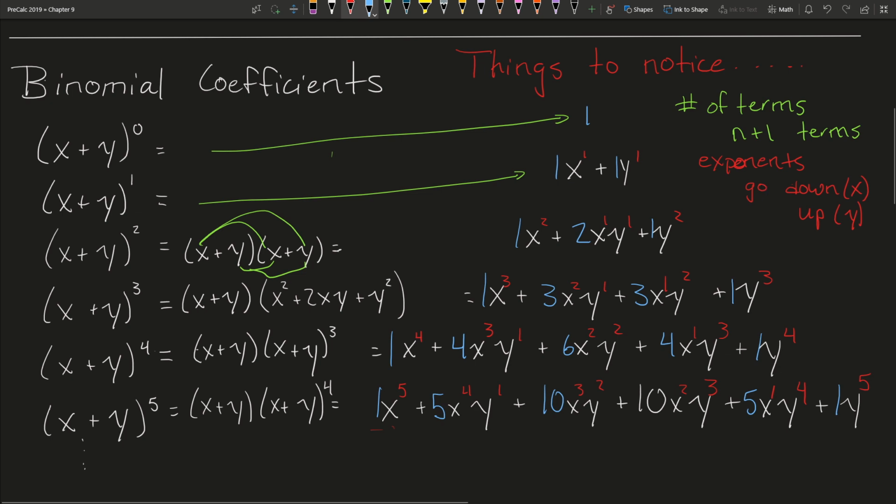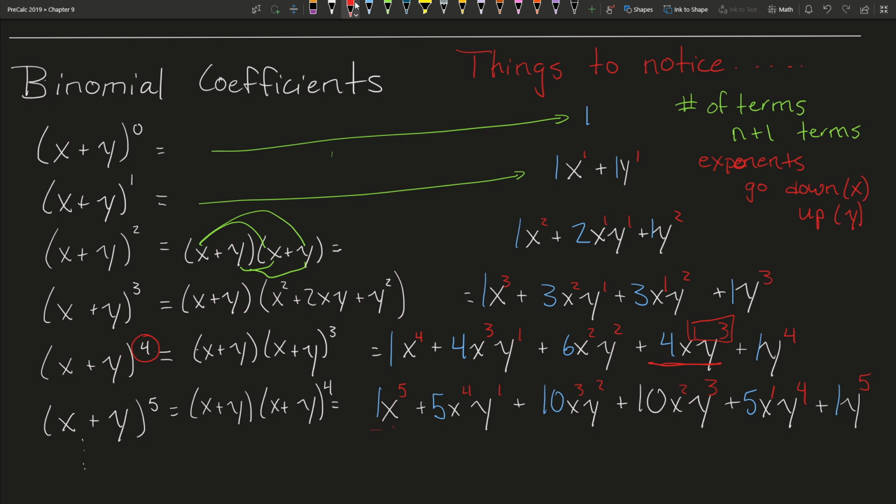And then, to go along with that, and this is a good check for what you'll see later on, if you add up the powers in any one of these terms, you always get the power that we're actually working with. On this term, 4x to the first, y to the third, that 1 plus 3 will always equal 4.